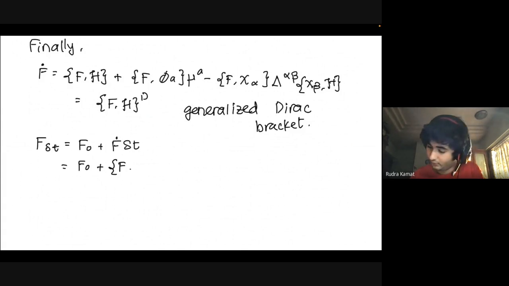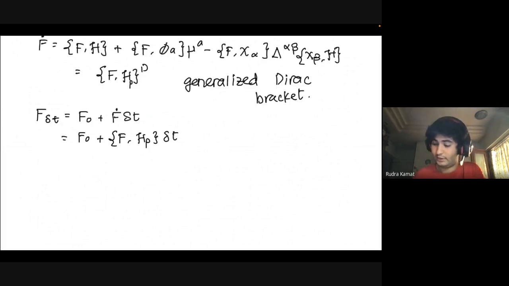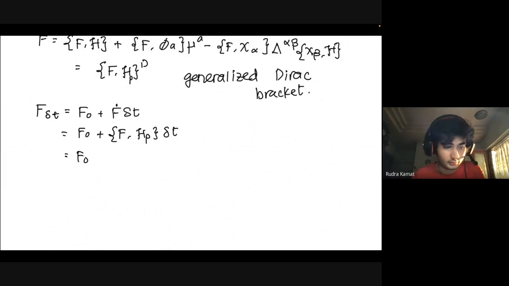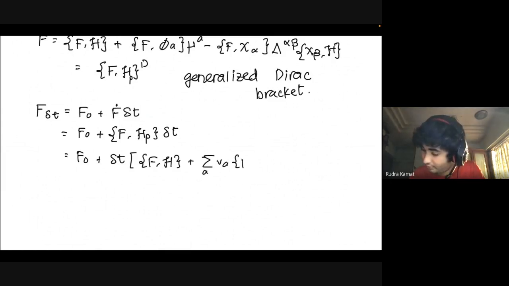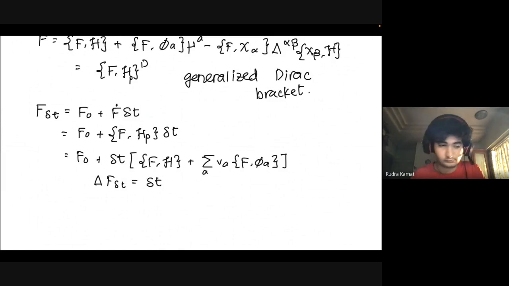So f delta t is f naught plus delta t, just use the definition, plus sum over va, where the phi a are going to be the primary constraints, delta f dt times va minus va prime.